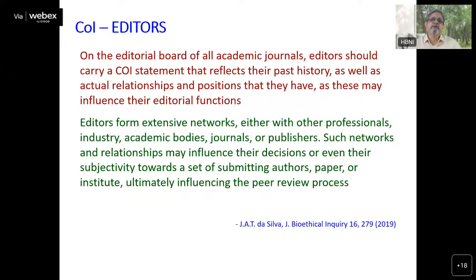These networks and relationships can influence their decisions. And sometimes subjectivity towards a set of submitting authors, papers, or an institute can actually influence the peer review process. So it's a highly complex mixture of things which a manuscript finally goes through.